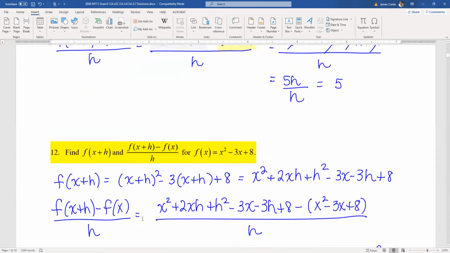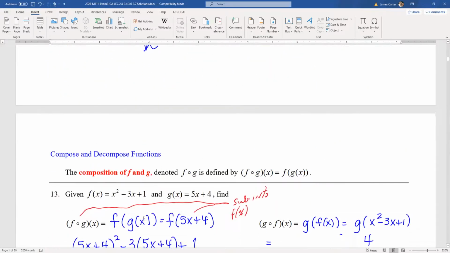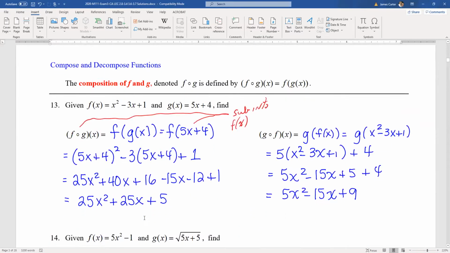We weren't required to do different quotients. And in this case, we want to compose these.